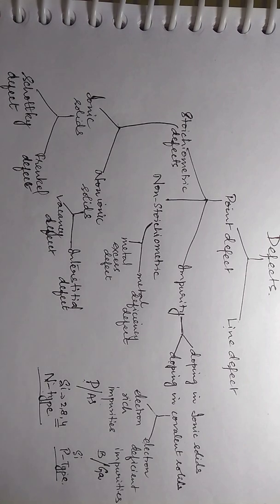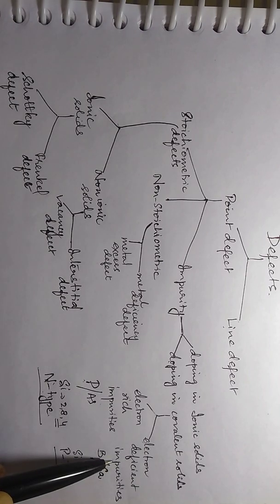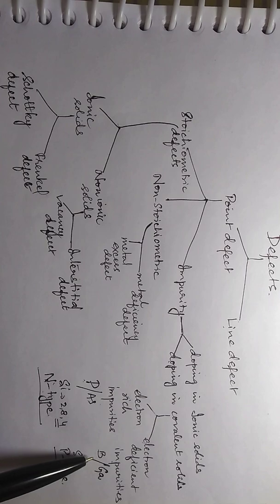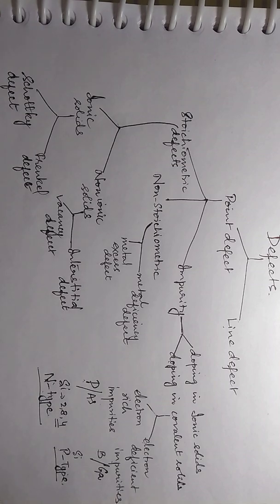P means positive. That means the impurity atom is deficient in electron. That creates positivity, or you call it P-type semiconductor. So this is what we are going to discuss a little bit in detail about all these things.